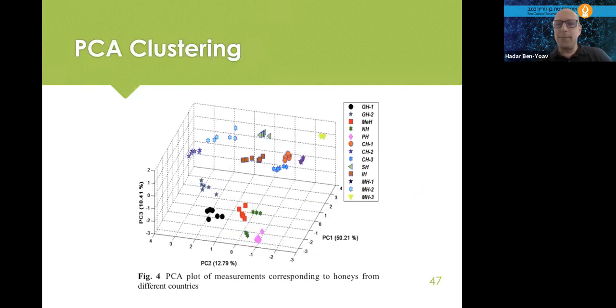So this is a very simple example of how you measure the chemical signals, then you do some pre-processing to extract the features, and then you apply an algorithm. Here it was an unsupervised algorithm to see if you can have any structures or if you can differentiate between the samples.